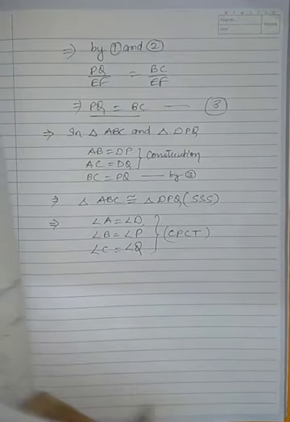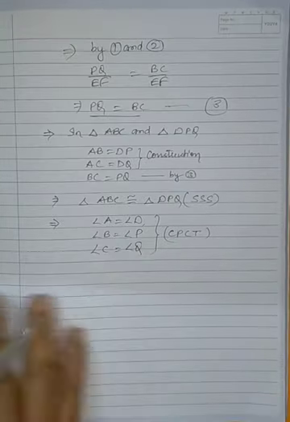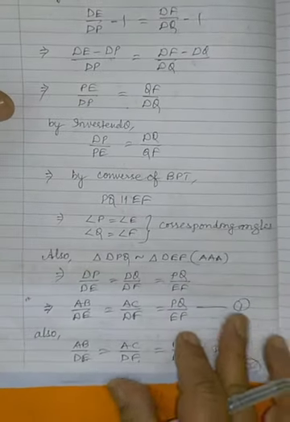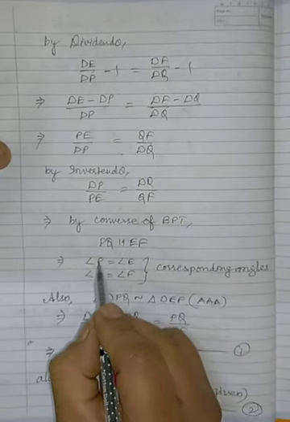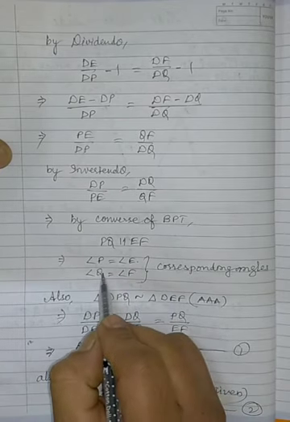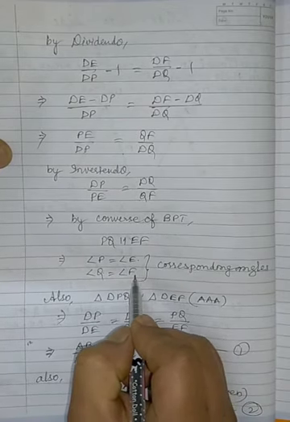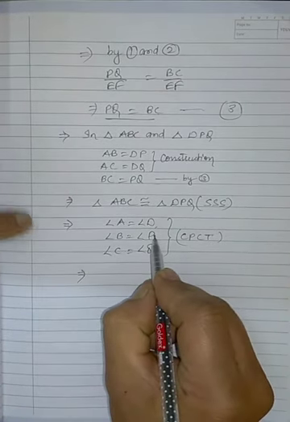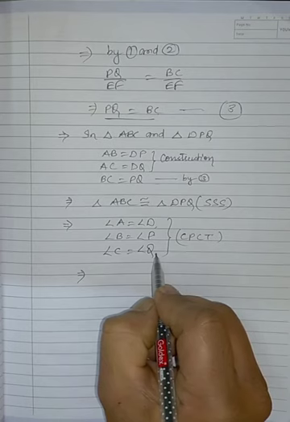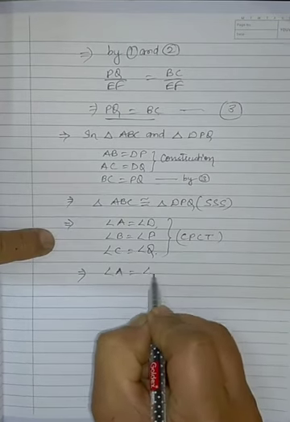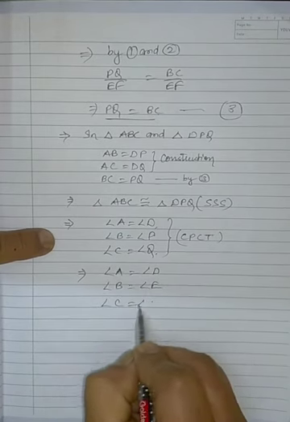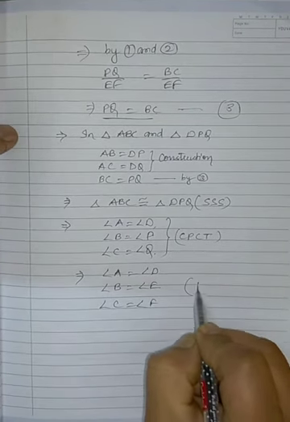But if you look at this relation, angle P is equal to angle E and angle Q is equal to angle F. We have proved it. So here P will be replaced by E and Q will be replaced by F. That implies angle A is equal to angle D, angle B is equal to angle E, angle C is equal to angle F. We have proved above.